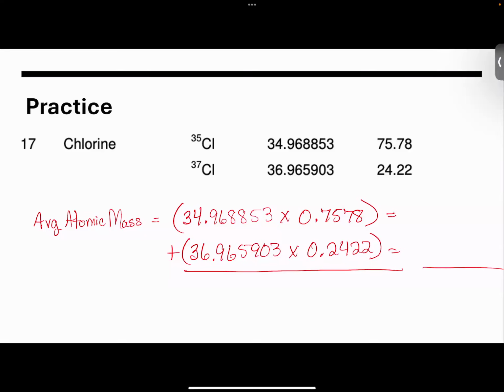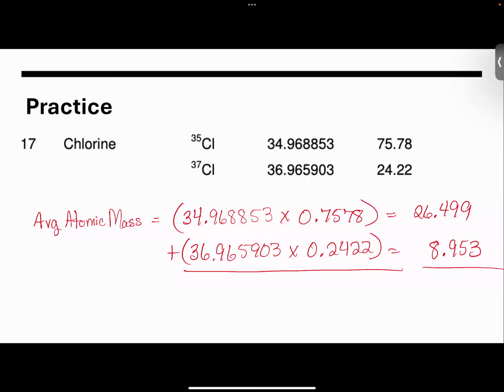When we do this math, you will see that isotope 35 contributes 26.499 to the overall mass of chlorine, and isotope 37 contributes a mass of 8.953.